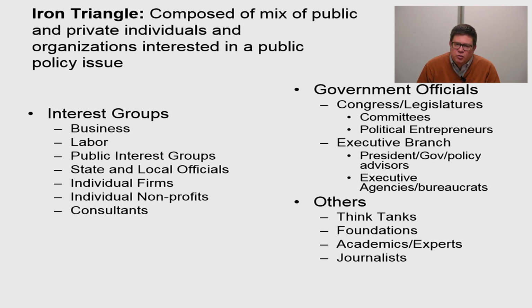from their vantage points within the iron triangle, obviously the committees where the work is done are the most important area of the iron triangle, but there might also be people that we would call political entrepreneurs, those people who take up the cause of a specific issue and use that issue to further their political career.